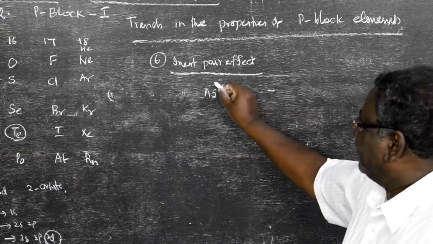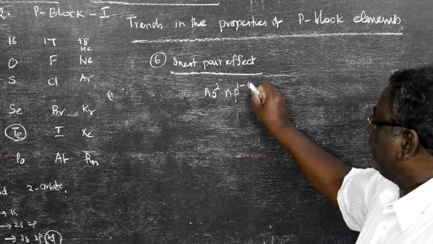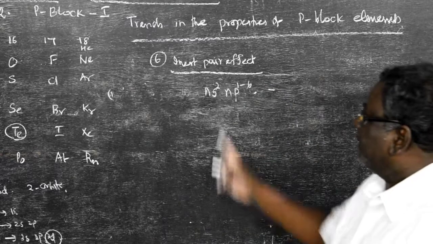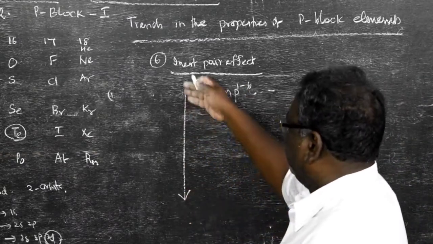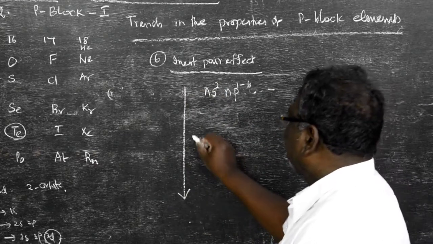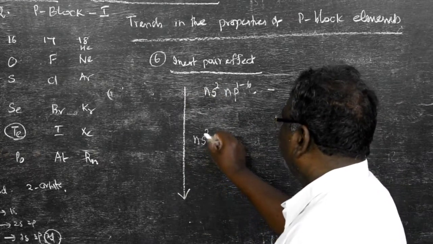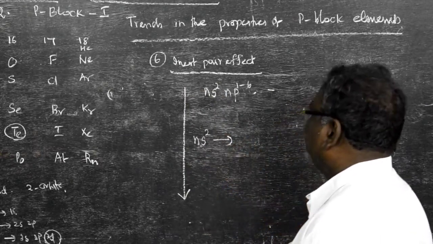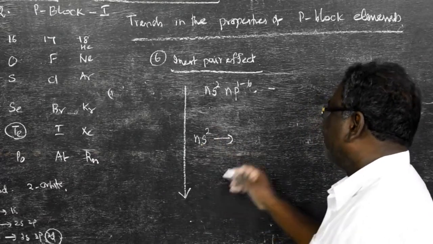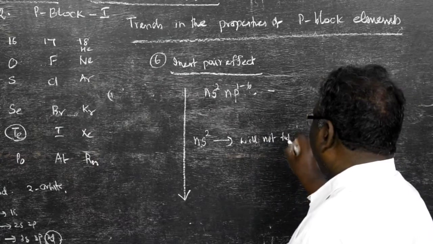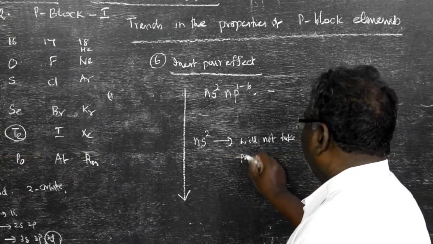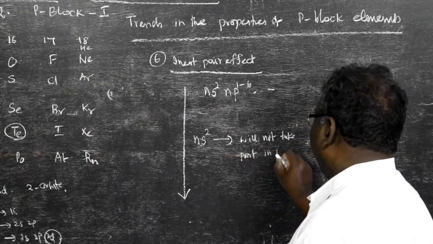Always s will have 2 electrons, and p will have 1 to 6. So in the p block, when I go down the group, the ns2 electrons will not take part in bonding.